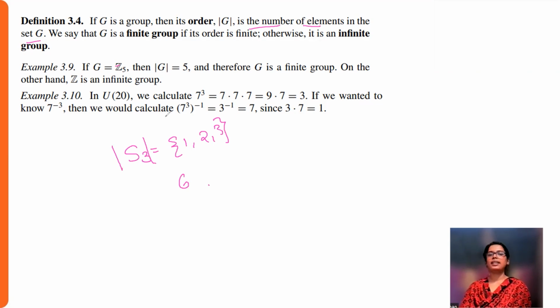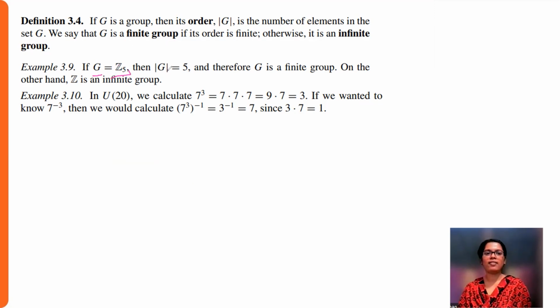Okay. And there's one more thing: if the group has a finite number of elements, that group is known as a finite group. And if it has an infinite number of elements, then the group will be known as an infinite group. Okay. Now suppose we have G equal to Z5 and the order of G is equal to 5. That means what? In Z5, how many elements do we have?